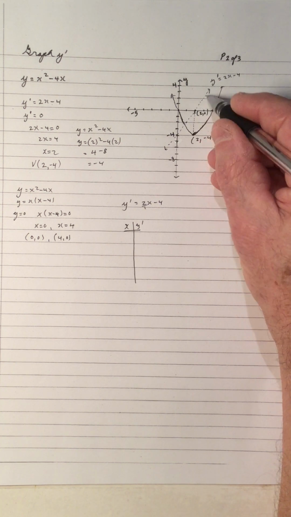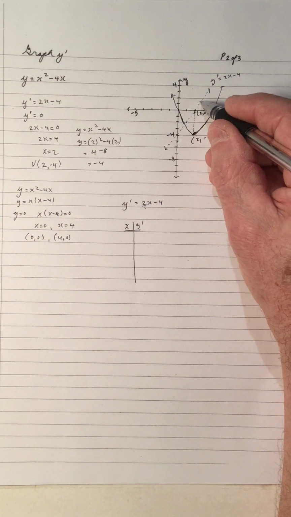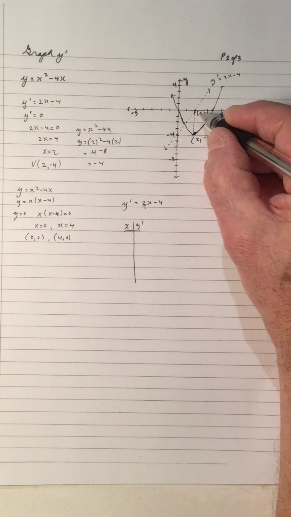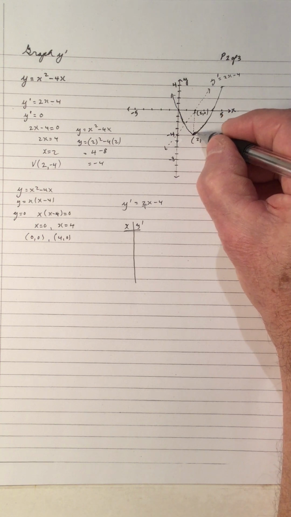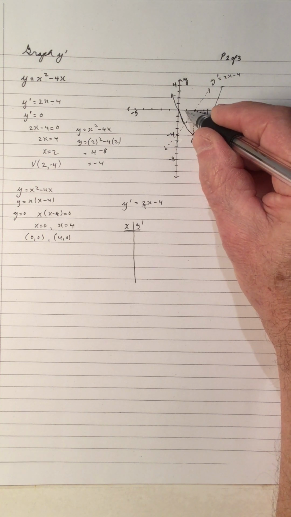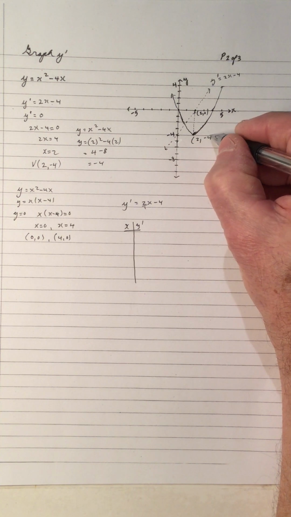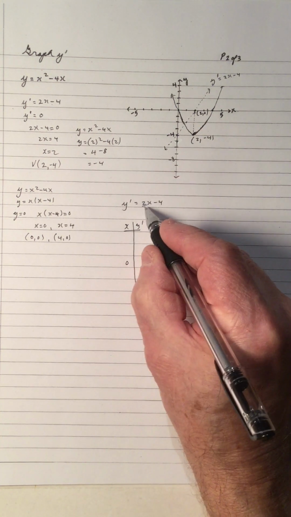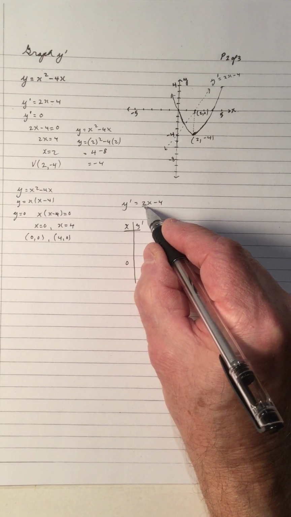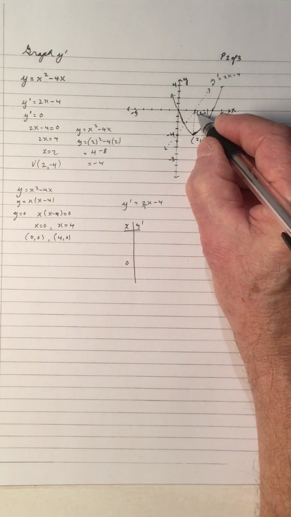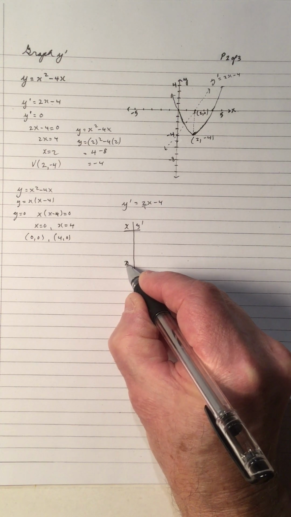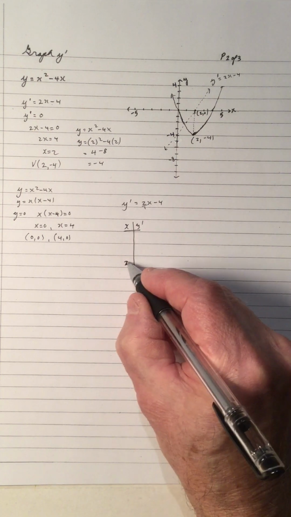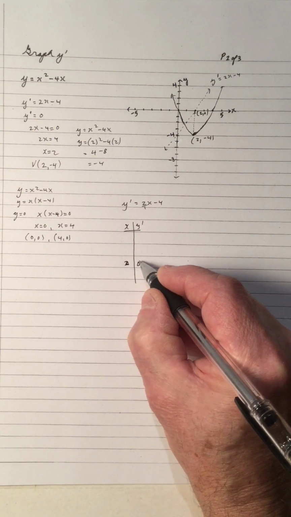For any point on this line, whatever value of x you pick, the y coordinate is the slope. So the slope here at the vertex of this parabola is 0, a horizontal line. 2 is the x coordinate of the vertex, so we put the 2 in here, and we get a 0.